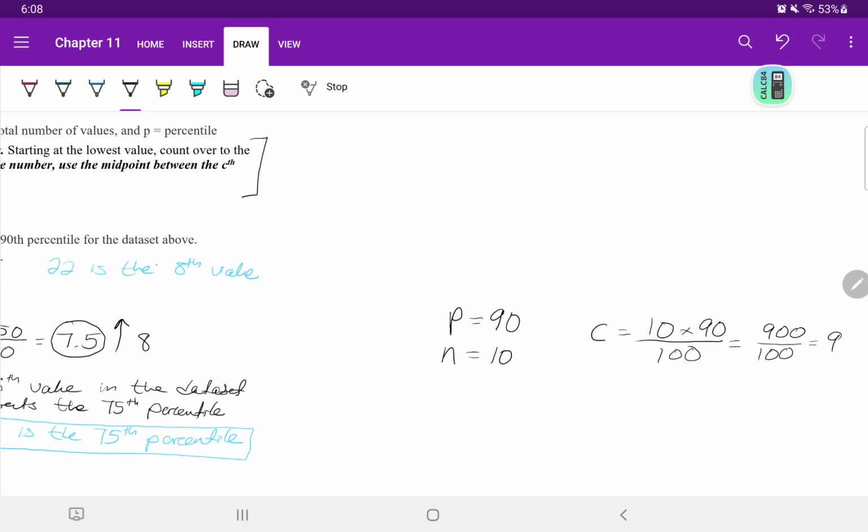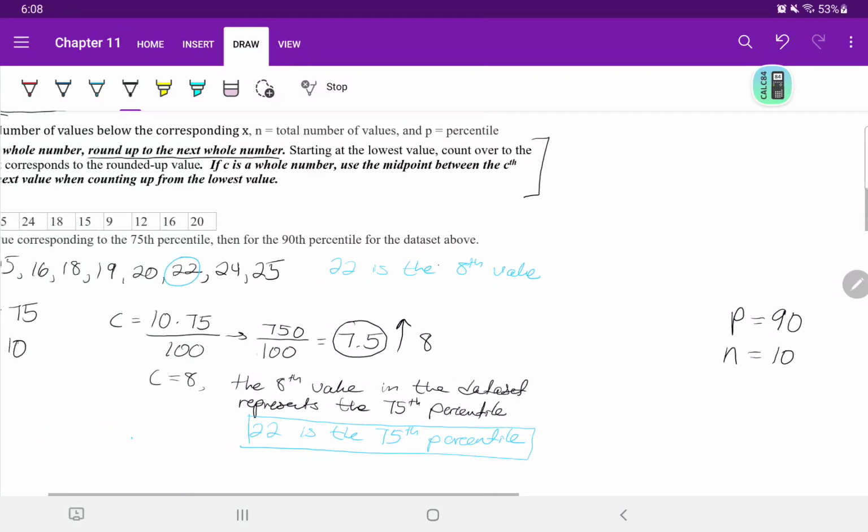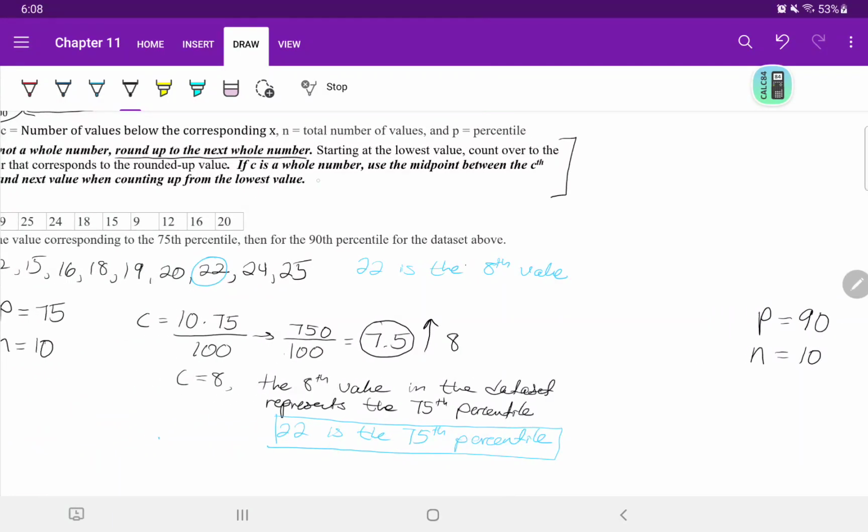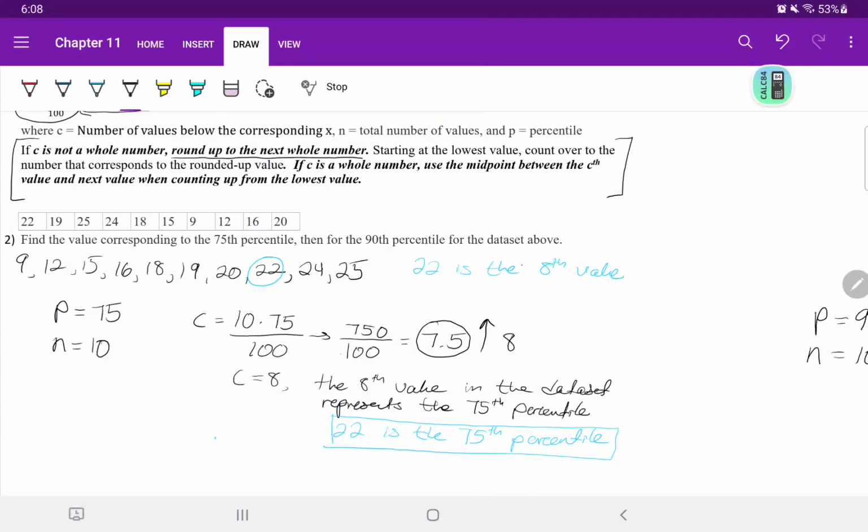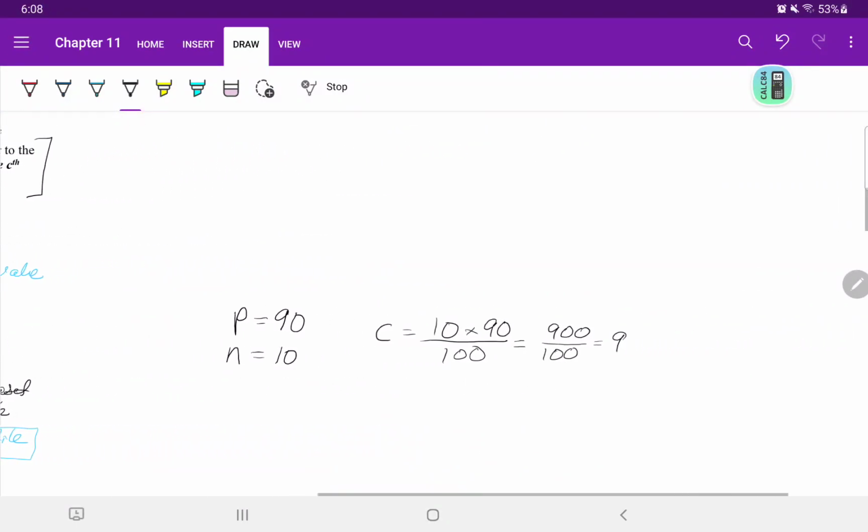Now remember what it says before. If C is a whole number, use the midpoint between the Cth value and the next value when counting up from the lowest score. So we're going to do that.